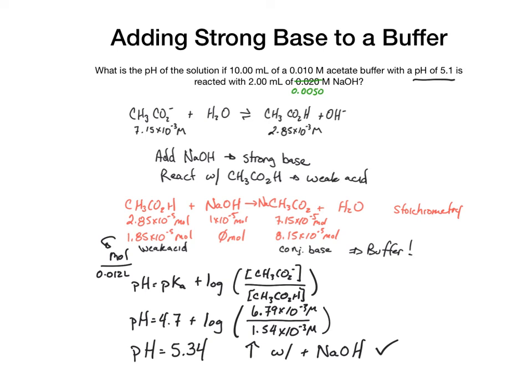And so notice how buffers maintain their pH even when we're adding strong acids and bases to the solution. They maintain that pH because some of the weak can react, and it keeps us in that buffer zone, allowing that buffer to respond rather than the strong acid or base to dominate the pH of the solution.